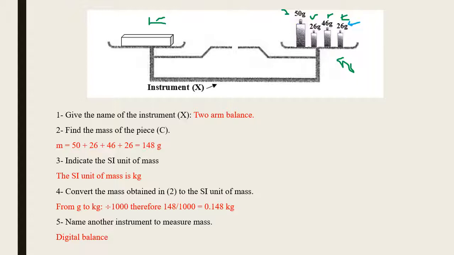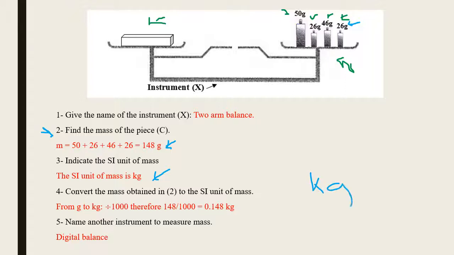Indicate the SI unit of mass. Remember, SI means System International. What's the System International unit of mass? It is the kilogram. Then number 4 says, convert the mass obtained in 2, so here question 2, to the SI unit of mass. We have grams here, we want the SI unit of mass, which is kilograms.